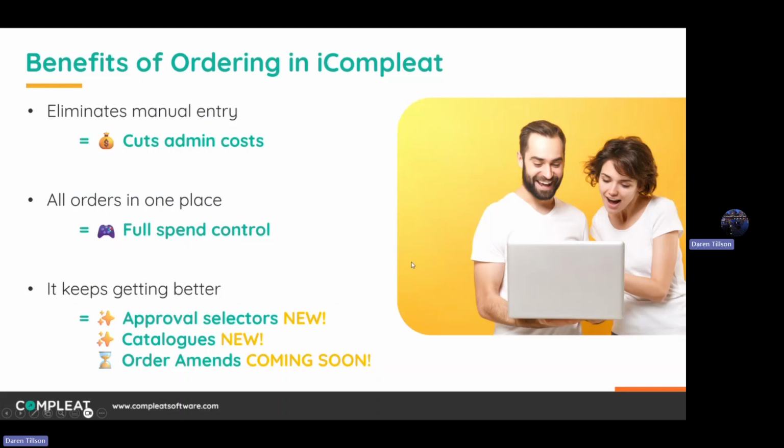So the benefits of ordering within iCompleat. I just wanted to cover these areas first. It's obviously going to eliminate manual entry, as we'll see when we look at the AI tools that we now have available through the ordering module. You'll see that it's cutting down on the manual entry.